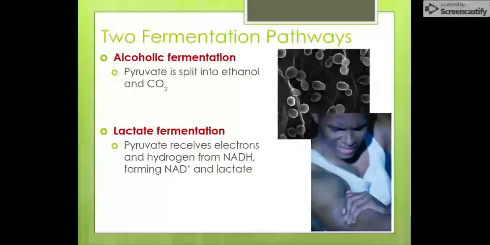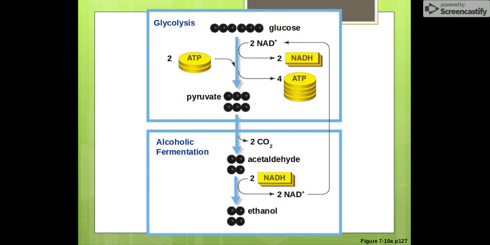Then we've got lactate fermentation, which our cells as humans will do if there's low oxygen. Okay, we're going to take that pyruvate, we're going to pick up hydrogen, NADH, and we're going to form lactate. So here we see our alcohol fermentation. Glycolysis looks exactly the same, but then with alcohol fermentation, we're stripping off a CO2.